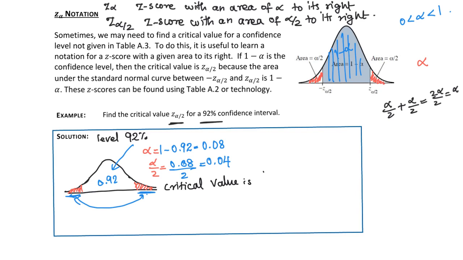So the critical value is z alpha divided by 2, or z 0.04. Since the area to the right side of z alpha over 2 is 0.04, the area to the left of that will be 1 minus 0.04, which is equal to 0.96.